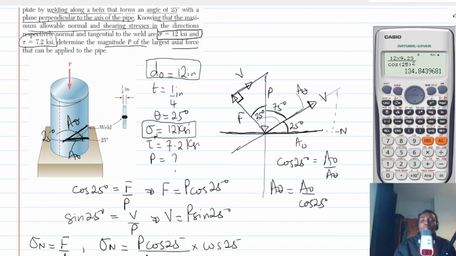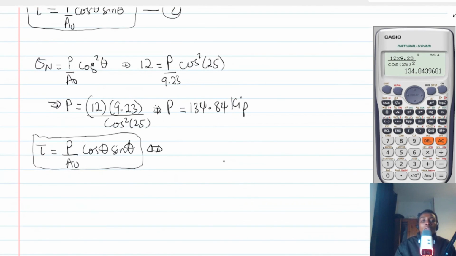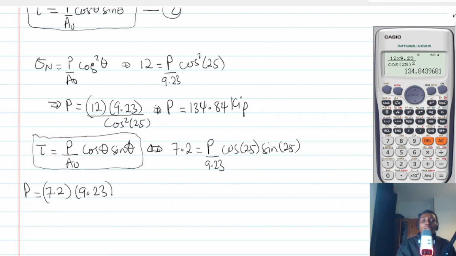So if the shear stress is 7.2, what will happen to P? That is what we are interested in. Cosine 25 and then sine 25. So P will give us 7.2 multiply by 9.23.